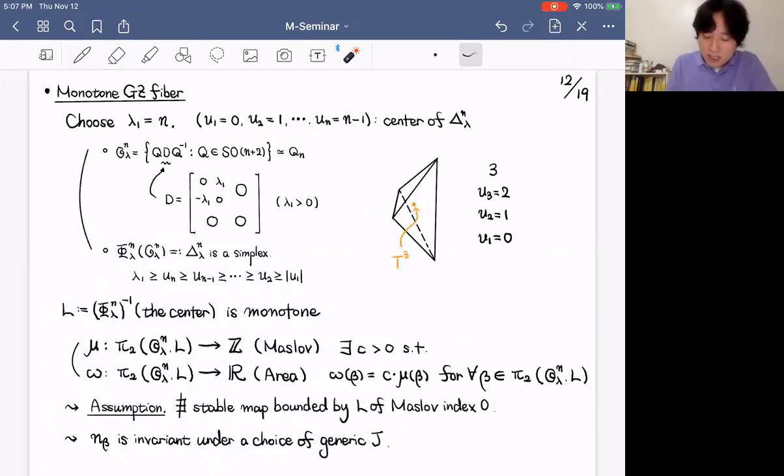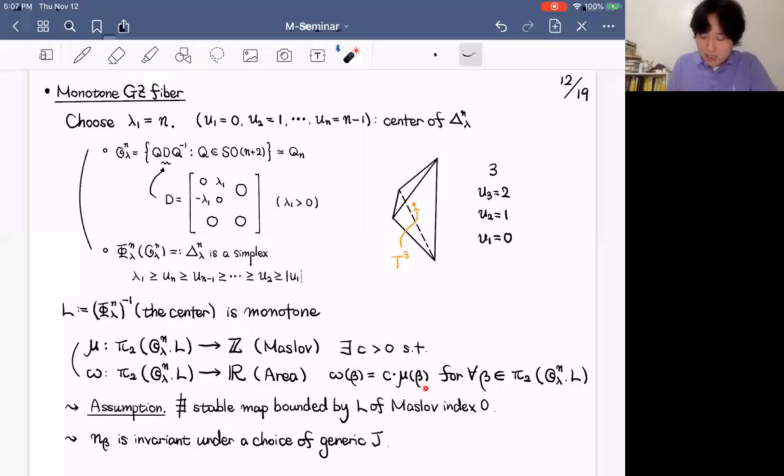And the reason that I focus on it is a geometric property, which is called monotone. It's a monotone Lagrangian. By definition, it means that the Maslov homomorphism and the area homomorphism are positively proportional to each other. And this condition actually ensures that we are in a good situation. Recall that to define an open Gromov-Witten invariant, we have to make sure that our L does not bound any non-trivial Maslov zero holomorphic disk.